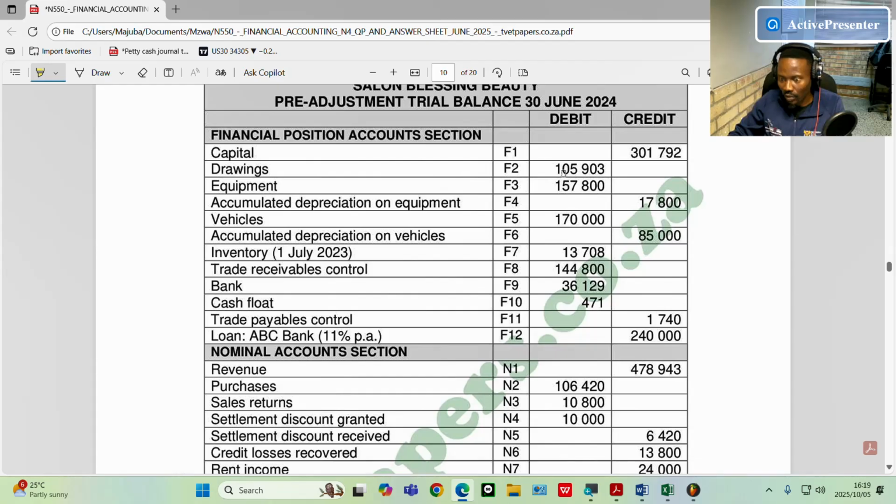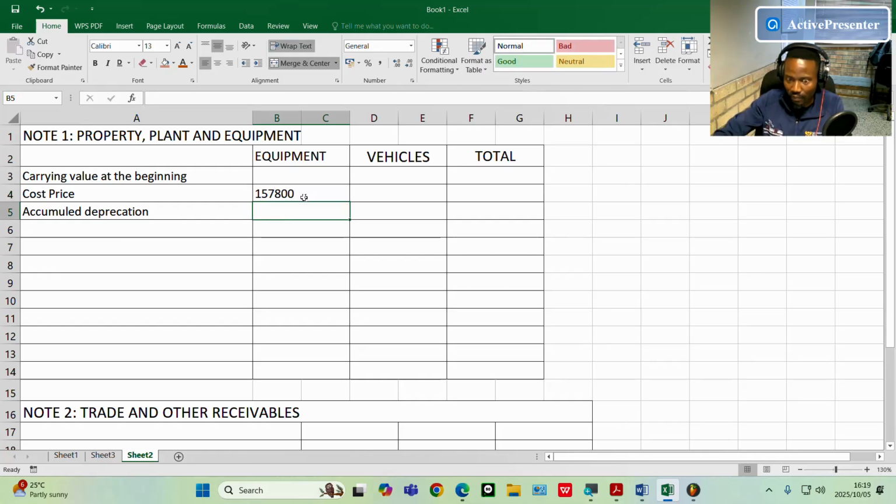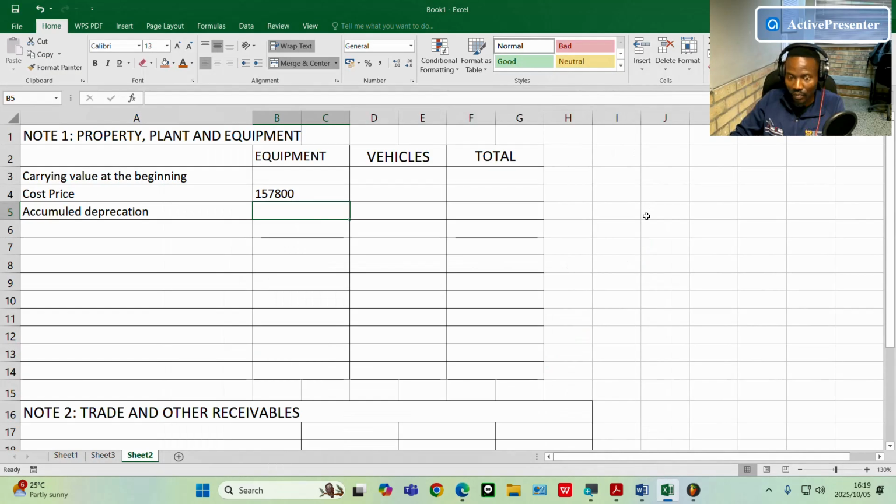So with equipment, it was 157,800. So that is the cost price, 157,800. And then we also have the accumulated depreciation, of which it's 17,800. So it's minus 17,800.